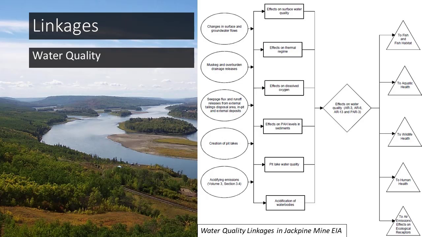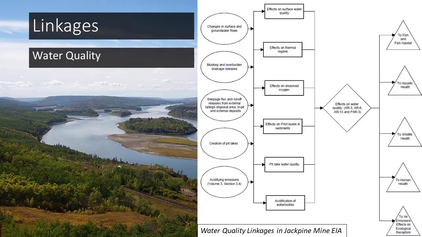And again, as it shows in this linkage diagram, pretty much all of these can apply to pretty much any one of these environmental changes. And again, what do we really care about? It's going to go to human health, wildlife health, aquatic health, fish and fish habitat.